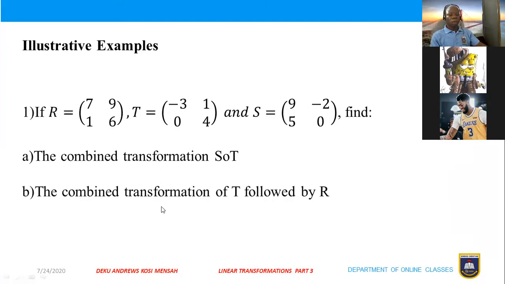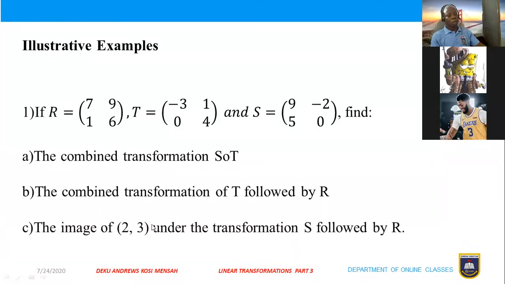B, the combined transformation of T followed by R. And C, the image of (2, 3) under the transformation S followed by R. This is the problem. Let's see how we are going to apply the steps described above to solve this problem.